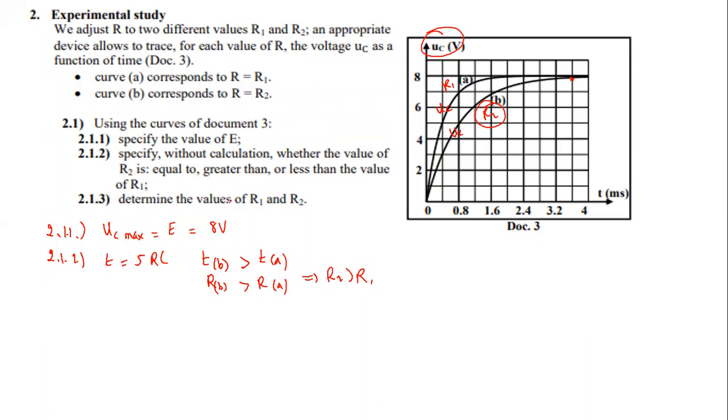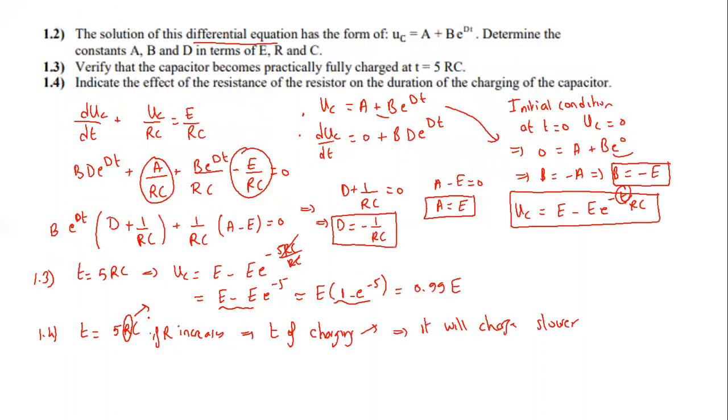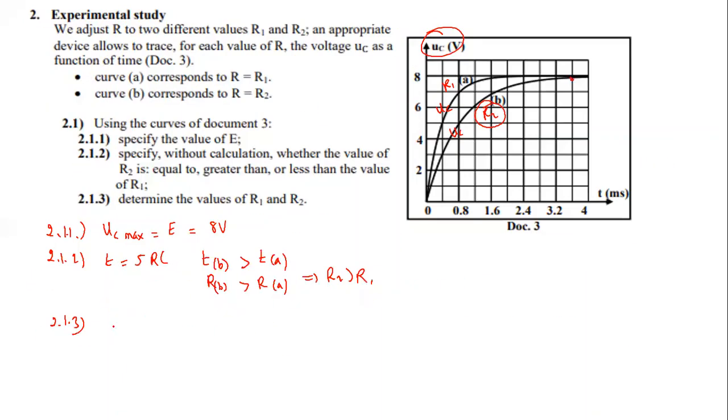Part 2.1.3, determine the values of R1 and R2. To determine the values of R1 and R2, what should we do? We already have the capacitance C, which equals 4 microfarad, which means 4 times 10 power minus 6.